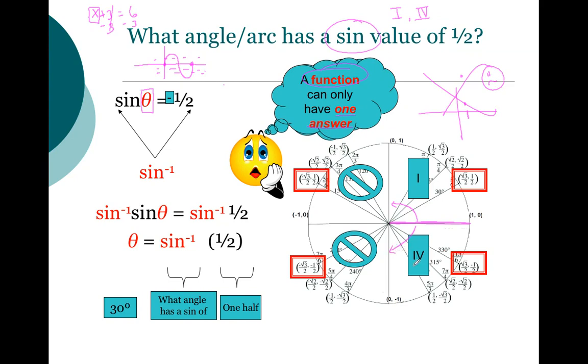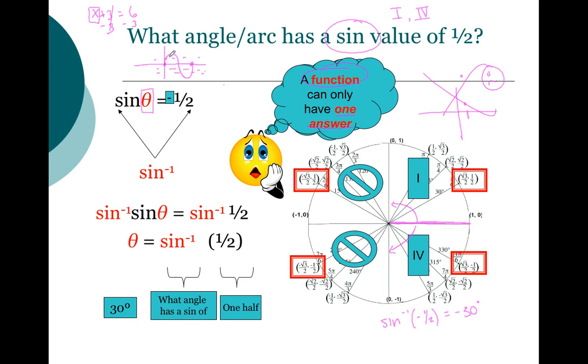What does that mean about the angles down here? The sine inverse of negative 1/2, we might want to say, oh, that's 330. It's actually negative 30 degrees, because to get to 330 you have to pass through these undefined places, and we cannot do that.